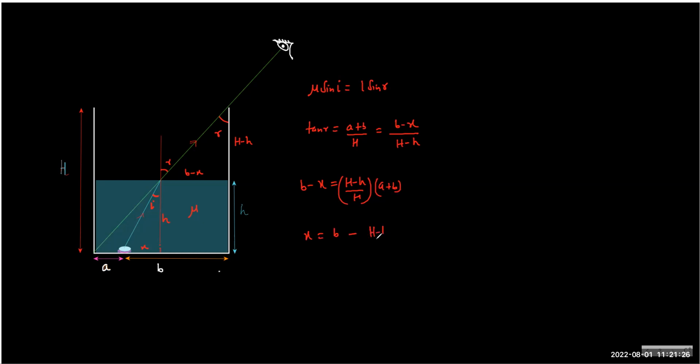So x is b minus, like this. Let me expand it. Hb, Ha minus Hb.